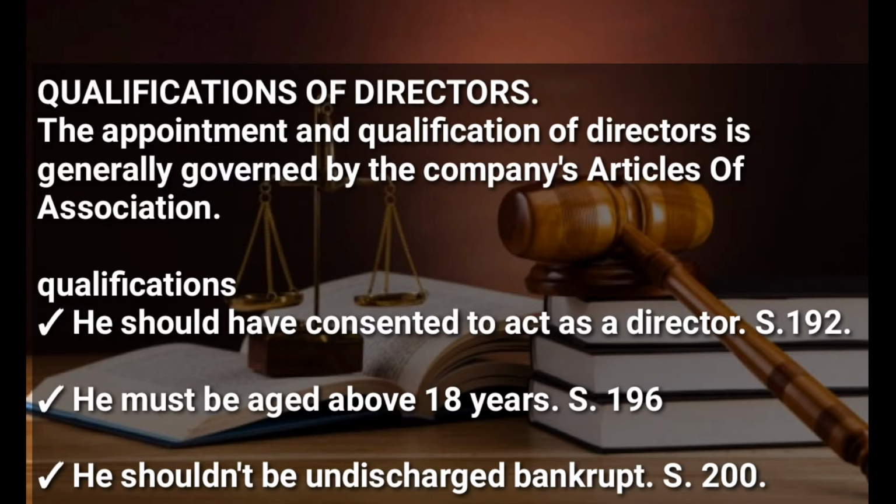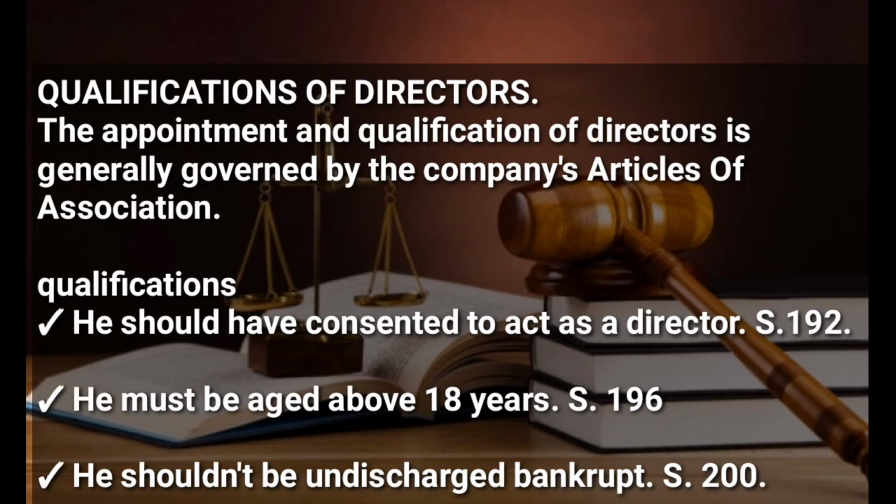Then secondly, he must have been aged above 18 years. And this is according to Section 196 of the Companies Act. For a person to be appointed as a director, he must have obtained the minimum age of 18 years. And thirdly, he should not be an undischarged bankrupt, and this is according to Section 200 of the Companies Act.